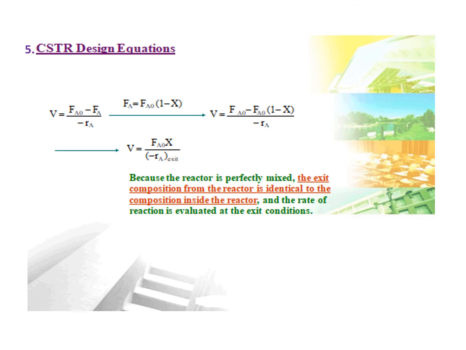So after substitution of the value of FA, we'll find FA0 minus FA0(1 minus X).